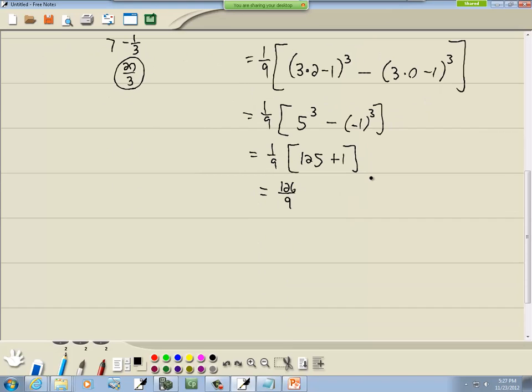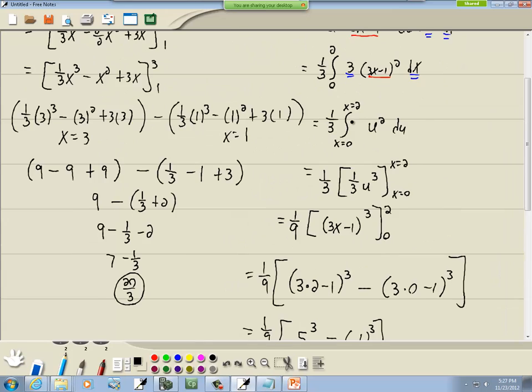Now, those are both divisible by 3, at least. I guess they were both divisible by 9, which gives us 14? Assuming I did my basic math right.